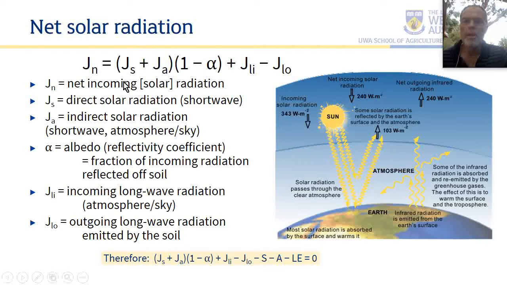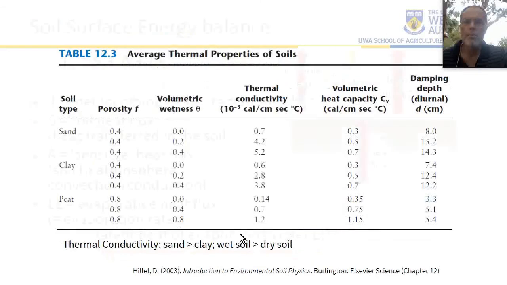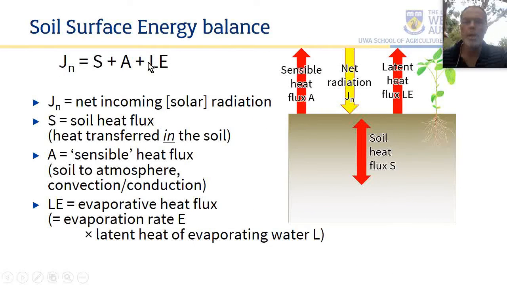So the net incoming solar radiation, JN, hitting the soil is kind of slightly more complex than an additive sum of the incoming radiation, because we need to consider albedo. And if we combine those two equations, the net solar radiation equation with our energy balance equation, let's just flip back up a couple of slides to have a look. So remember, our energy balance had to look like this. The energy must be the sum of the three different ways that it goes: soil transfer, sensible heat flux, and evaporative heat flux.